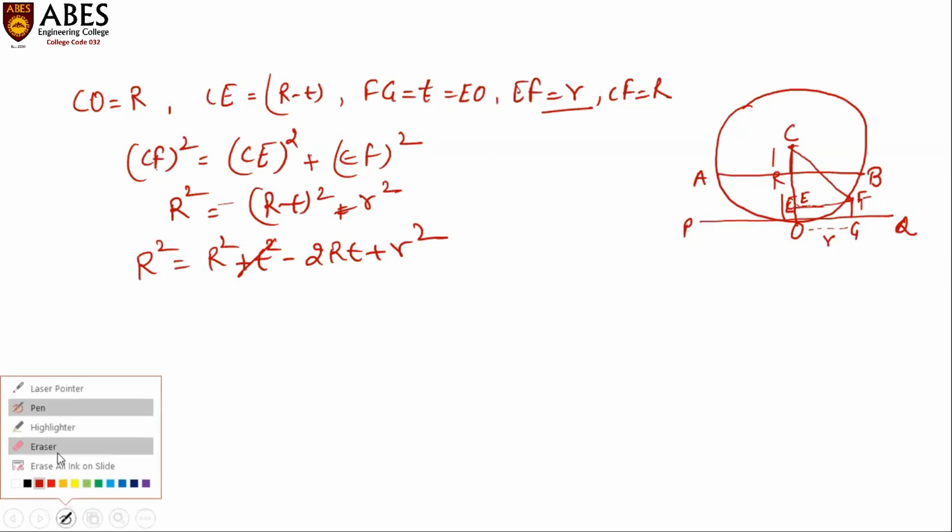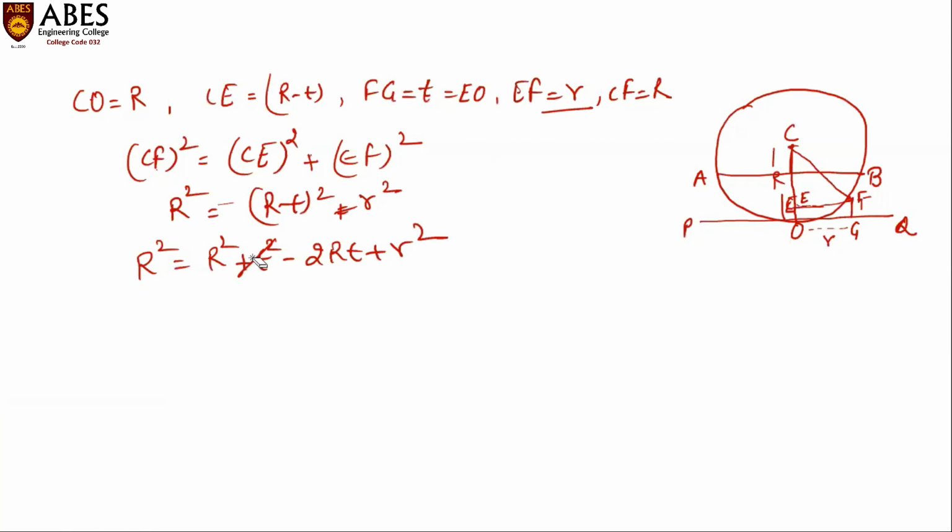Then 2Rt is equal to t square plus r square.